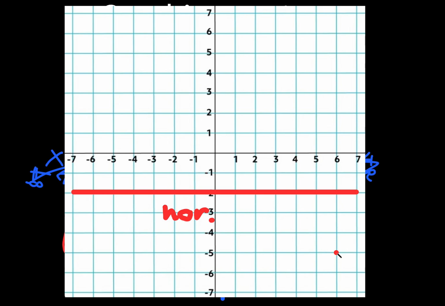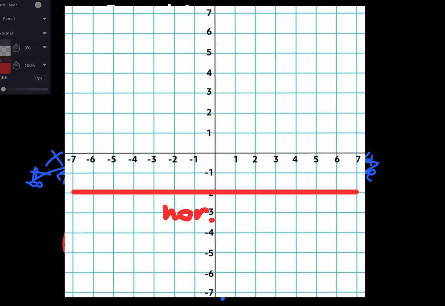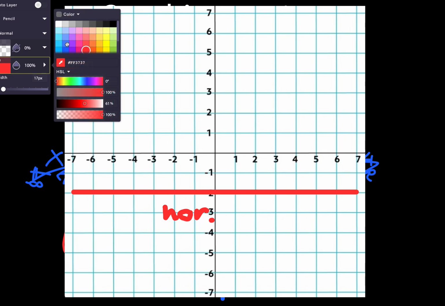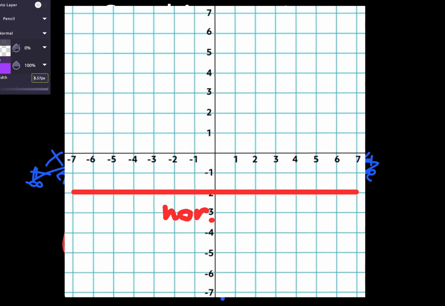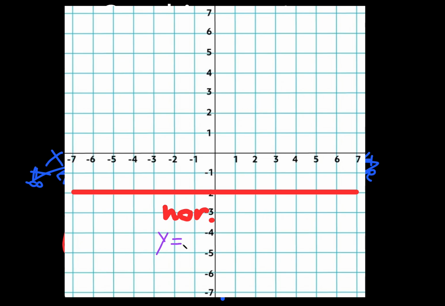And this may seem confusing, but though it is horizontal, similarly to the x-axis, the way we are going to write this line's equation out is by using a y equals equation. Because, as I said before, it is parallel to the x-axis. The numbers that it's crossing belong to the y-axis.